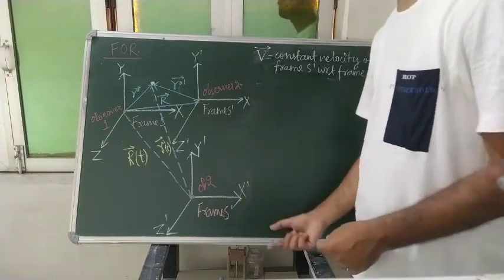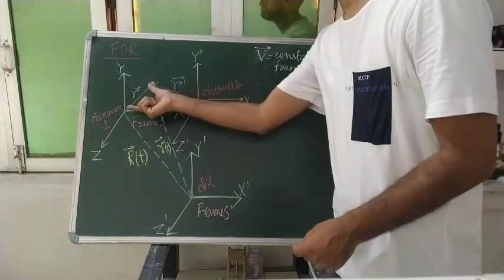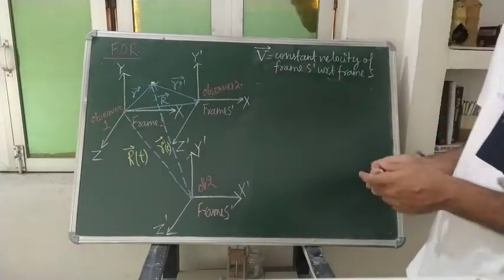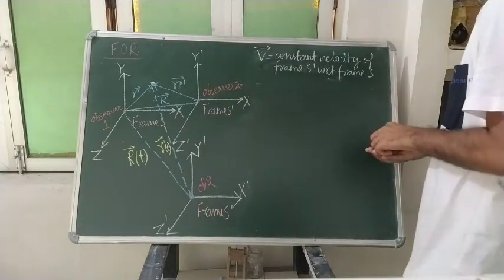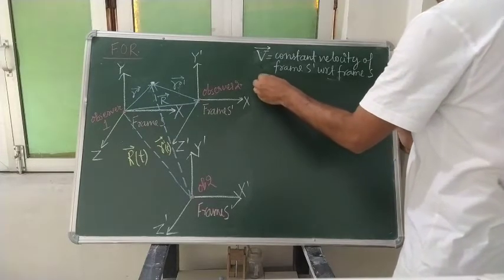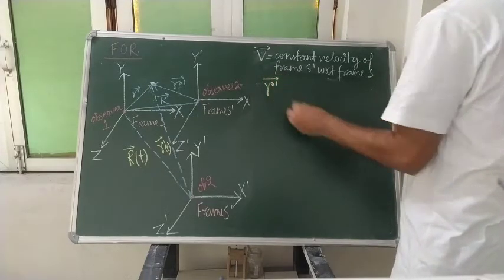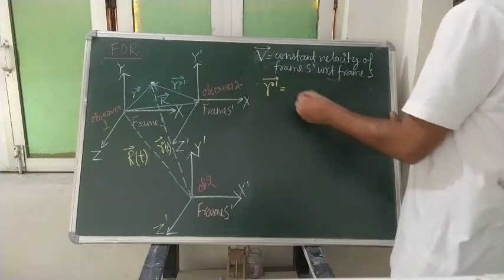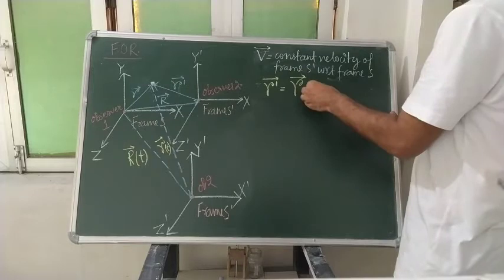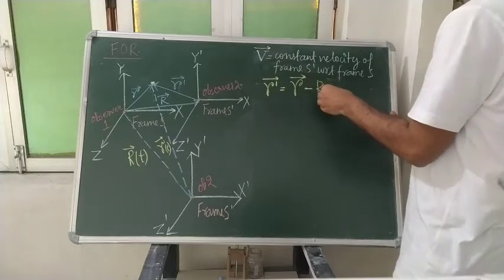Recall that we had small r prime vector equal to small r vector minus capital R vector.